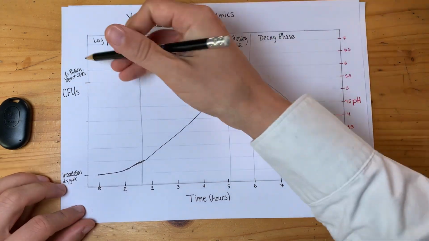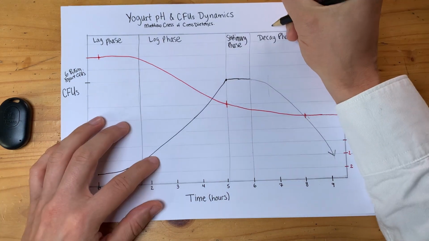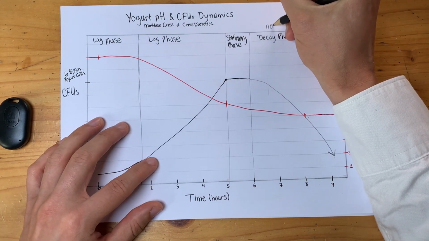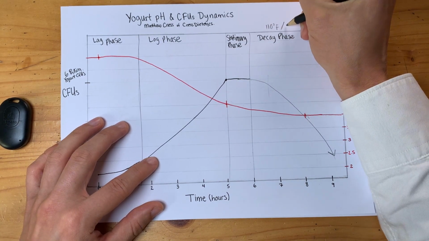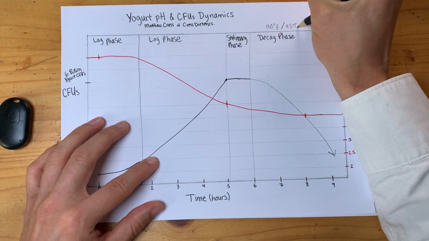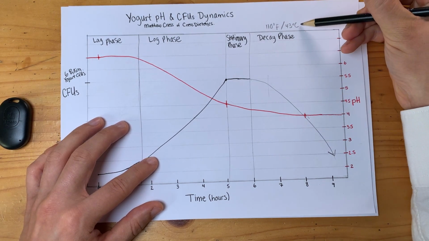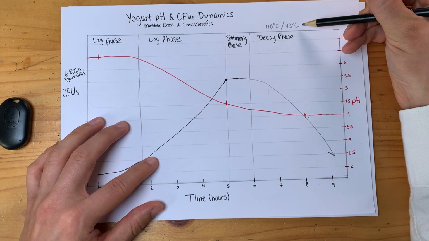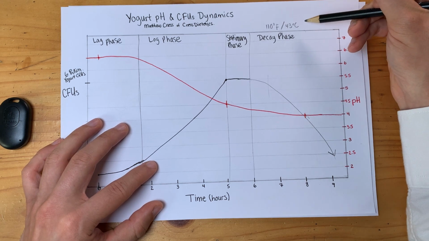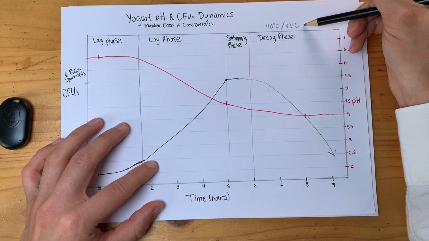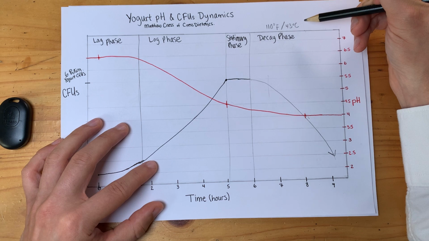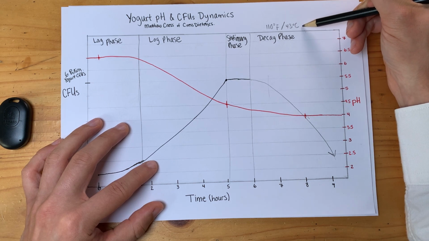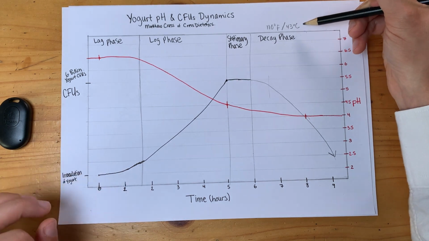Here in this whole thing, we are at about 110 degrees Fahrenheit or 43 degrees Celsius, which is the fermentation temperature for our yogurt microbes, our lactic acid bacteria. Other lactic acid bacteria will prefer other temperature ranges. Keep that in mind. That is important.